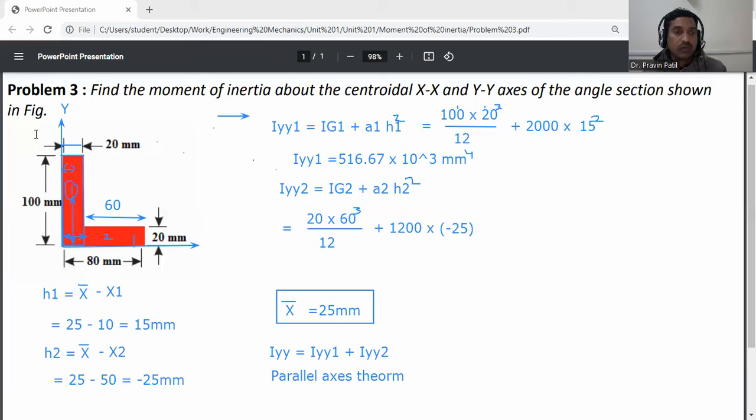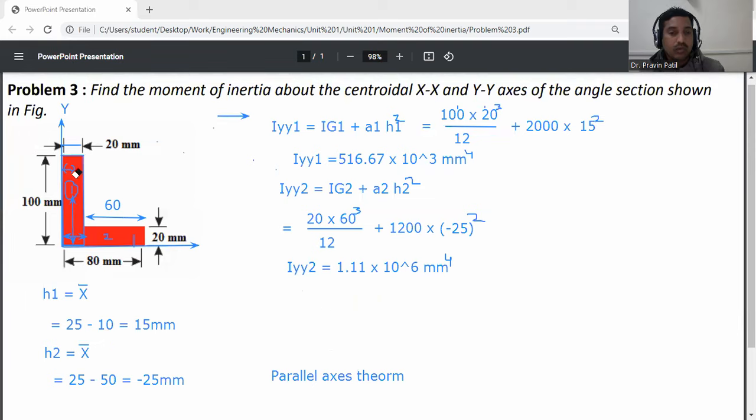So Iyy2 is equal to 20 into 60 cube divided by 12 plus 1200 into 25 square. It will be 1.11 into 10 raised to the power 6 mm raised to 4. So this is Iyy2.